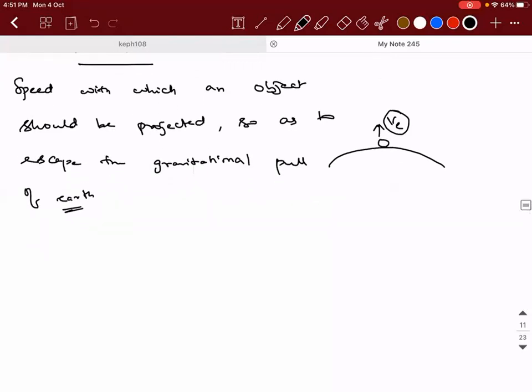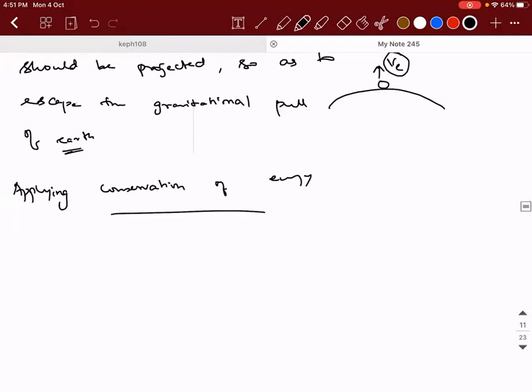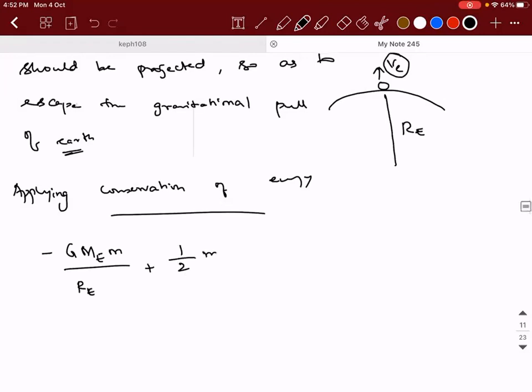How to do that? So applying conservation of energy, what I can say is minus G capital ME into small m divided by RE plus half m VE square will be equal to 0.